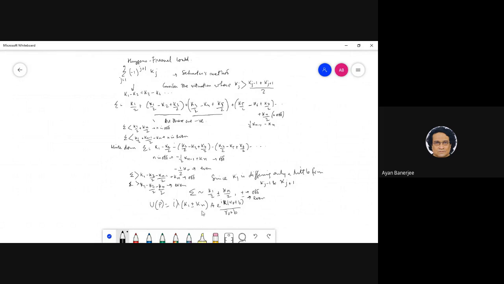So kn is for the largest angle alpha, and that tends to pi by 2, which means that kn tends to what? क्या?